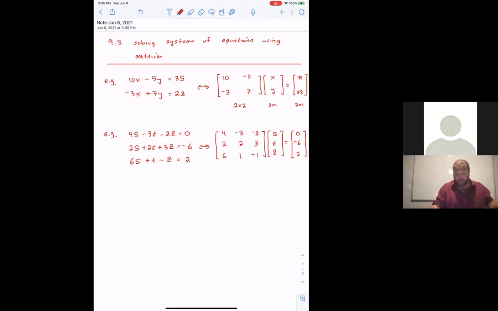So all we've done so far is write these systems of equations using matrices, but we haven't actually seen how to solve them with matrices. So to do that, we're going to consider the following.